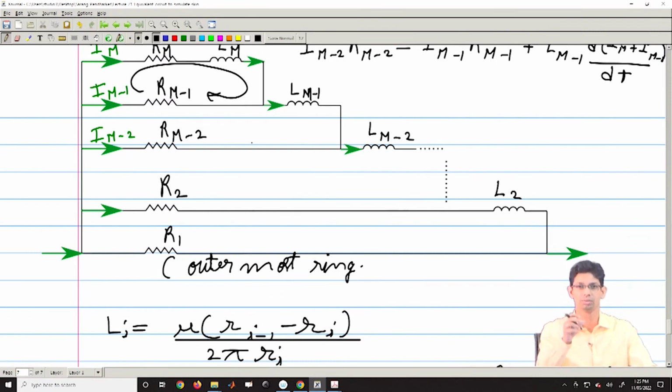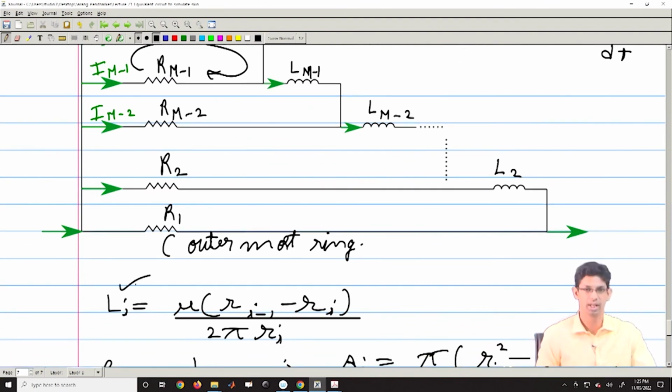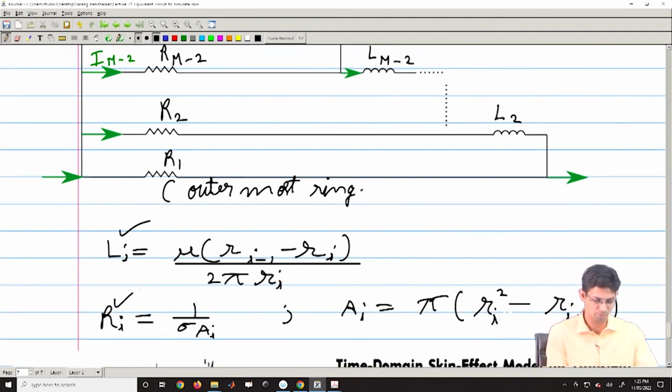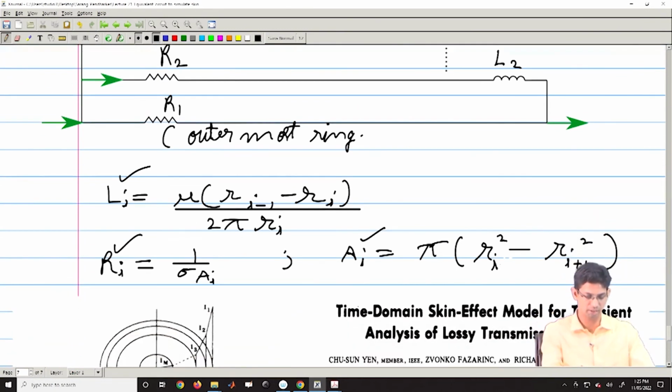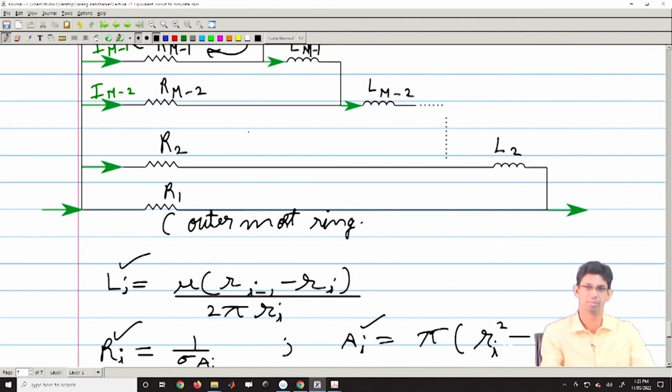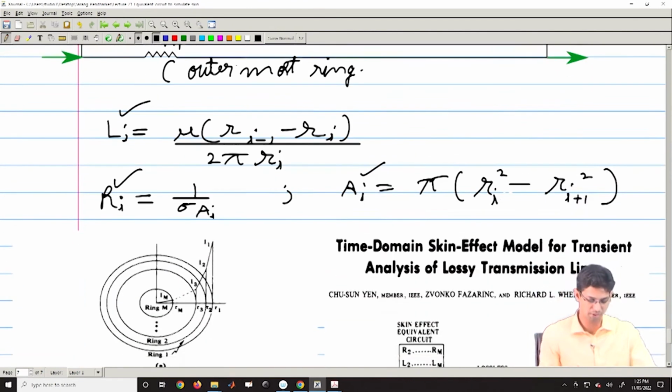Now, if I know the material parameters like conductivity, permeability, etc., and also I have segmented it, I definitely know what these radii are. So, I can compute the L's and the R's from the areas, right. From this I can compute all these parameters, and then I can frame a circuit like this.